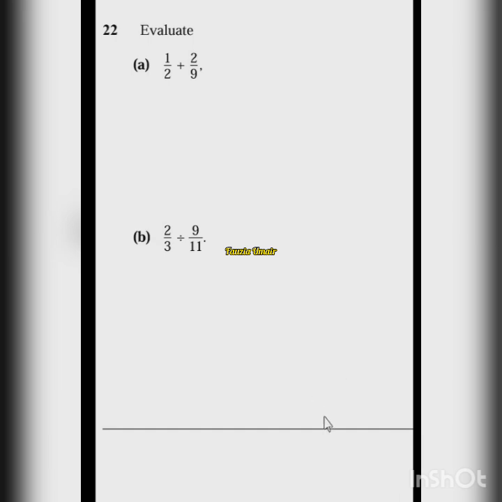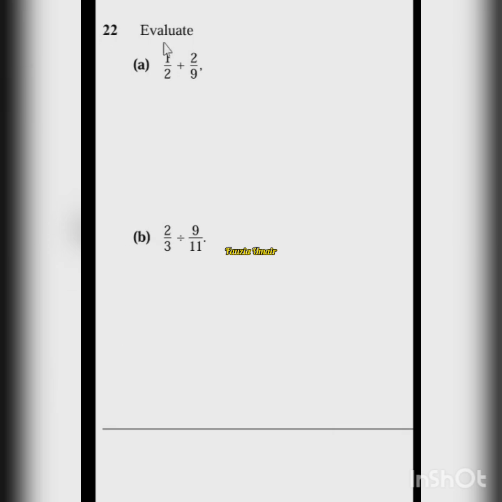But a calculator is allowed for the P2 paper, and for the P1 paper a calculator is not allowed. You need to do all the calculations manually, right? So we will start with question 22.